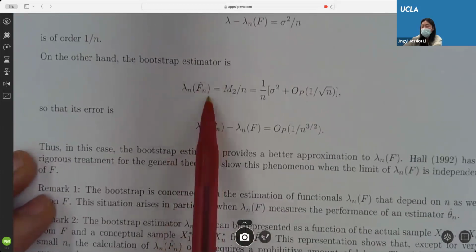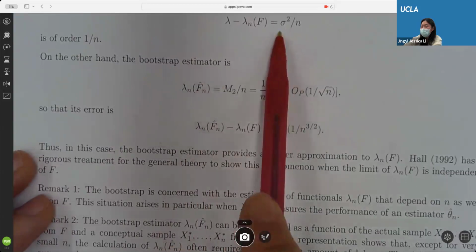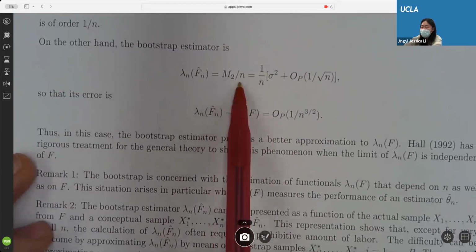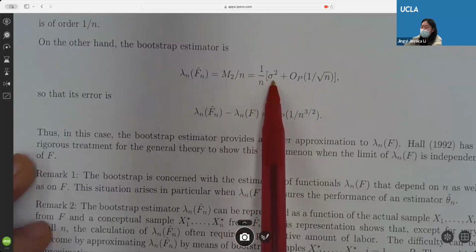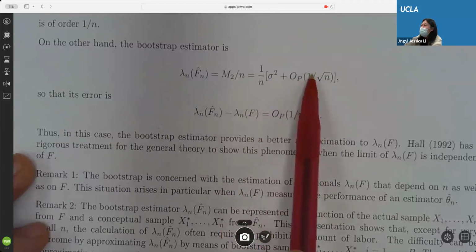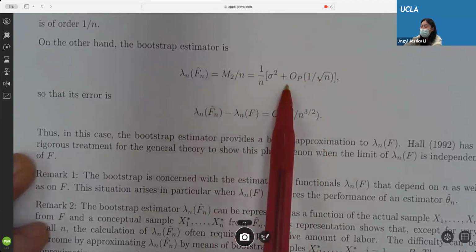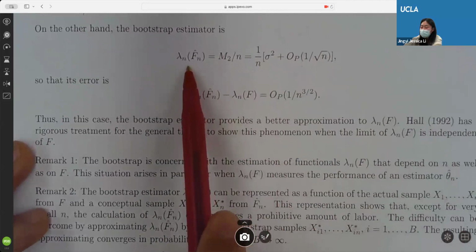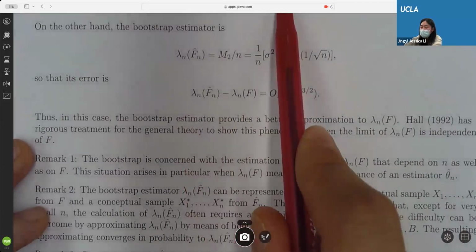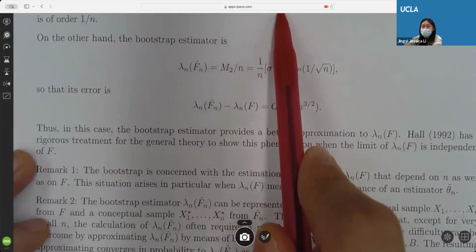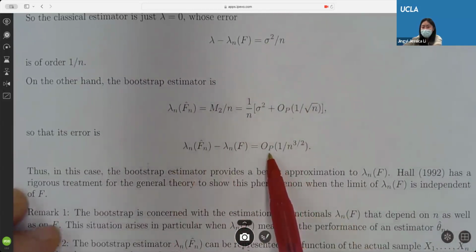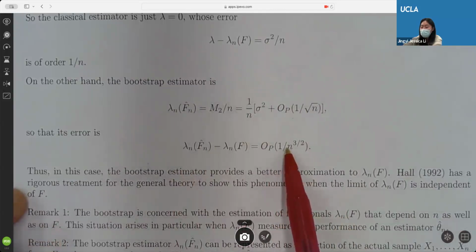But if you use the Bootstrap estimator, you'll plug in sigma squared by m2. And doing that, you know m2 is itself sigma squared plus O_P(1 over root n), because they differ by 1 over root n. So together, you can see that this Bootstrap estimator minus the actual performance measure, their difference is actually on the order of 1 over n to the power 3 over 2.